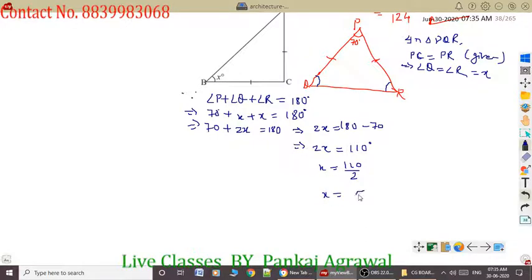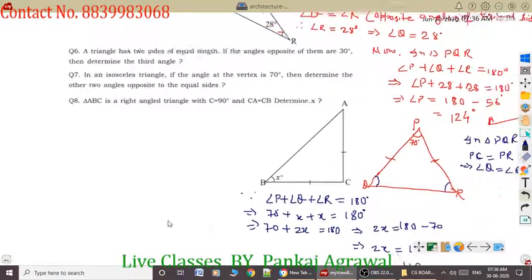So X equal to 55 degrees. So therefore the two equal angles are, you can write, angle Q equal to angle R equal to 55 degrees. Answer. It is clear.